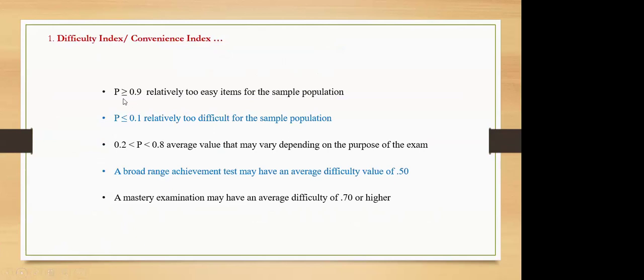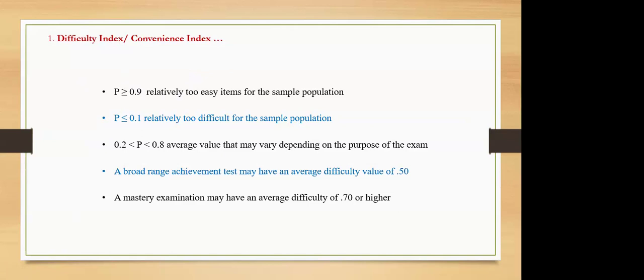If the difficulty index is greater than or equal to 0.9, the test is too easy for that sample population. Usually we calculate this index using a sample test, by taking the responses of the sample.